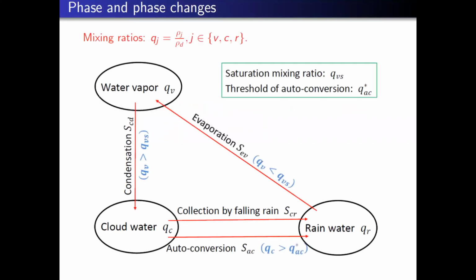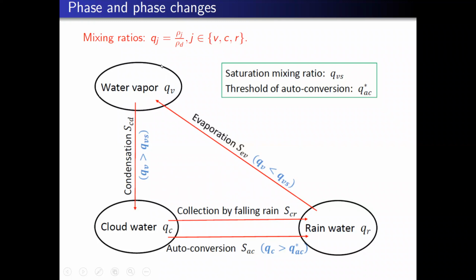So what happens is that we consider the density ρ_j divided by ρ_d. ρ_d is the density of dry air, and ρ_j is the density of the water which is in vapor state, condensed state, or rain. So this is q_j.